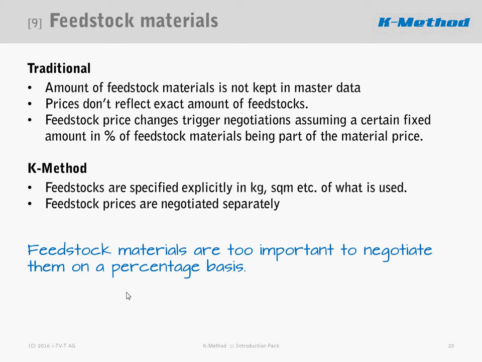Because the problem is, when you use percentages as a feedstock material, saying an average corrugated outer is 60% paper, it means when the paper price goes up, mathematically, technically, the 60% also increases. But normally this is not taken care of properly. So the price formula in terms of feedstock materials is very precise in this respect.